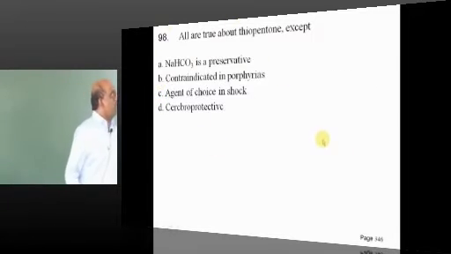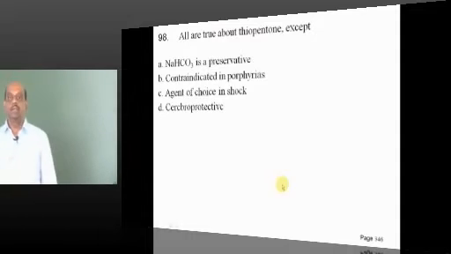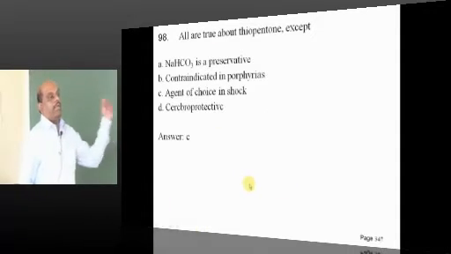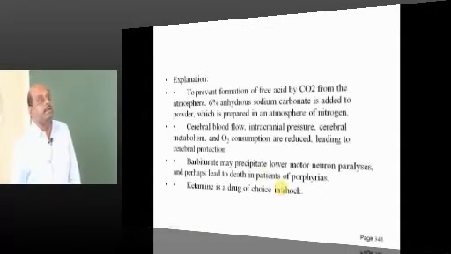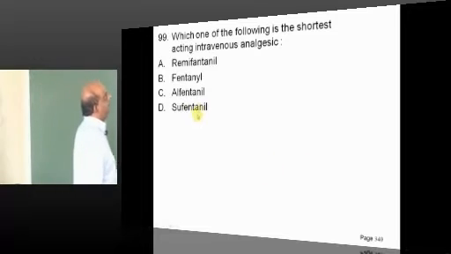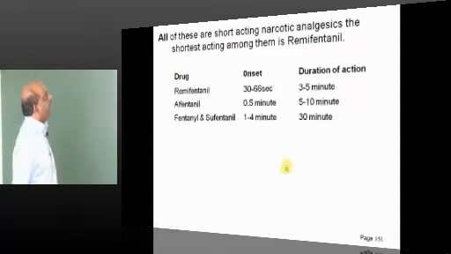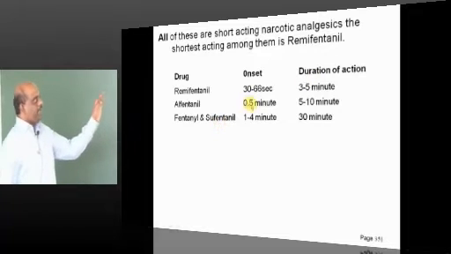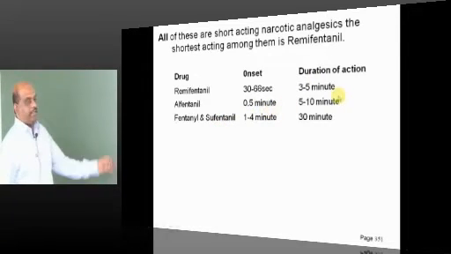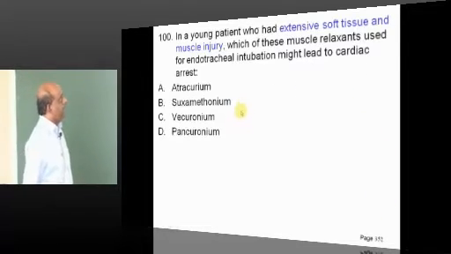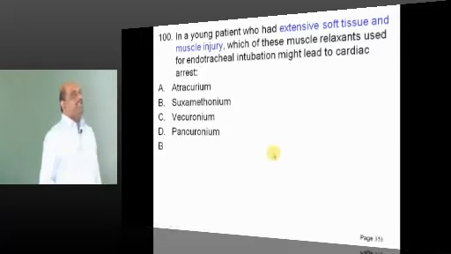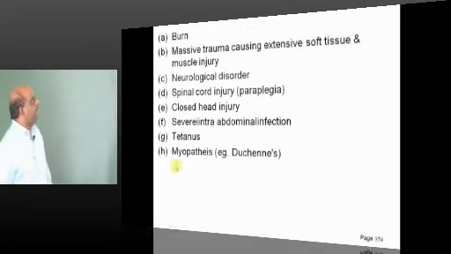About thiopentone, what is the exception? What is the agent of choice in shock? Ketamine, that's right. Shortest acting IV analgesic? Remifentanil. Remifentanil is shortest acting, 30 to 60 seconds is the onset and 3 to 5 minutes duration. Soft tissue injuries and suxamethonium and myoglobinuria you will not forget.